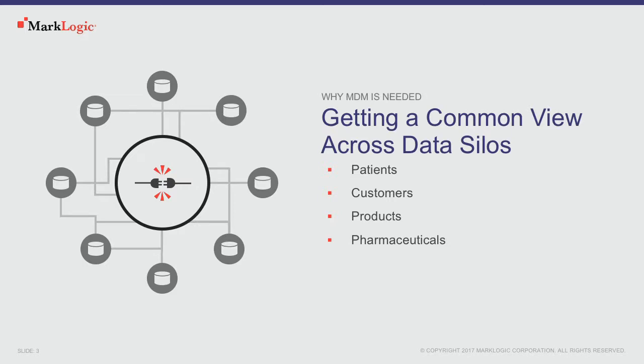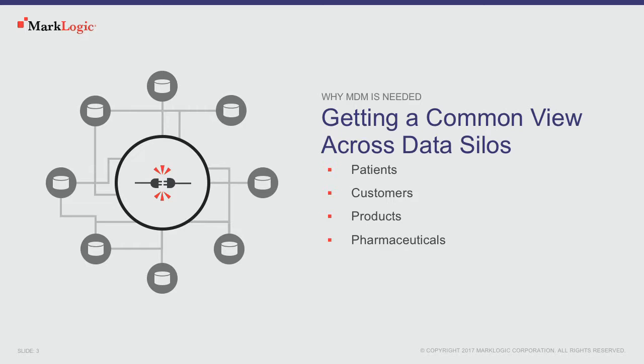So why is MDM needed? It's needed to get a common view of your data across all the different instances of data in your different silos. To get some context around that, let's take a quick look at some examples of how it's used.